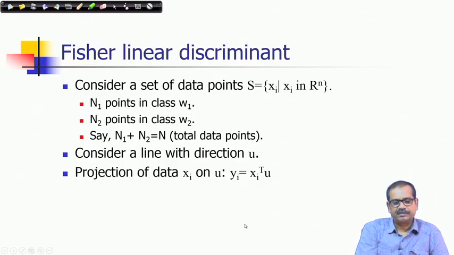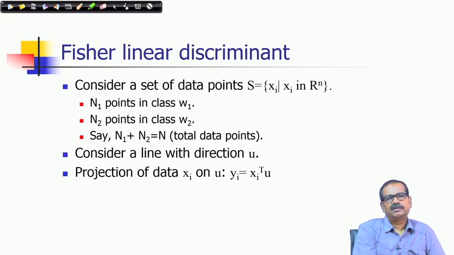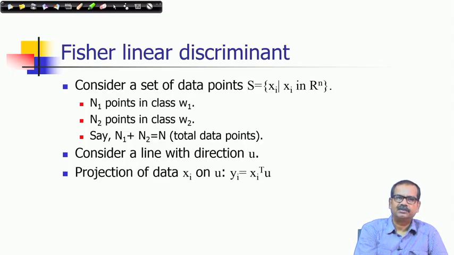So, we should consider the projection of data xi on u. The projection operation can be expressed as a dot product of the two vectors xi and u, or in matrix representation, xi transpose multiplied by u, and that would give you the projection of the data point, yi.